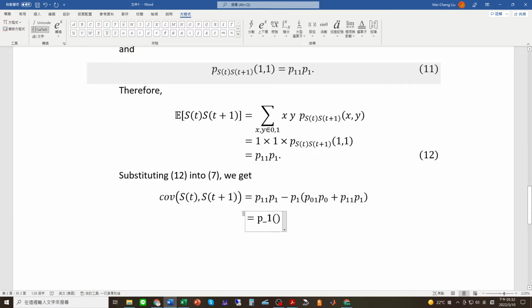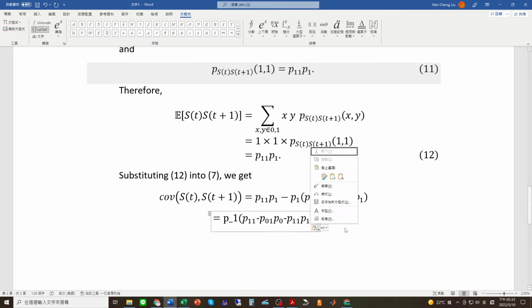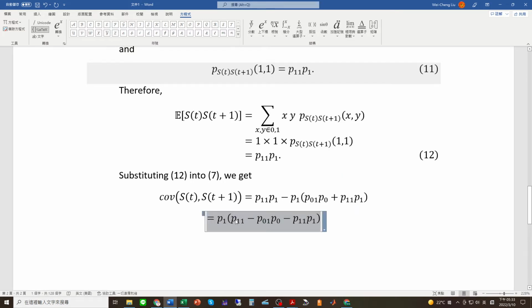In the parentheses, the remaining terms are P11 minus P01 P0 minus P11 P1.